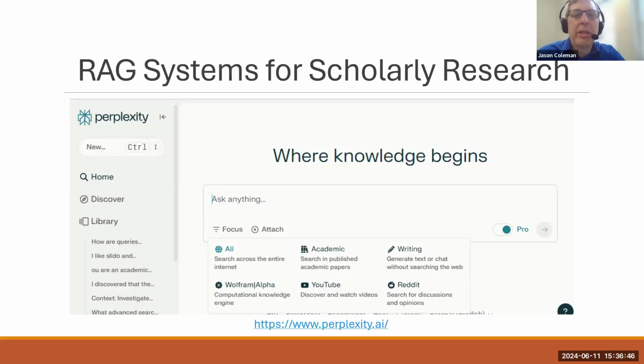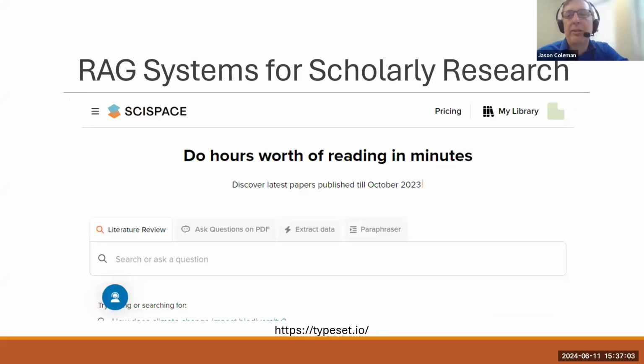I'm going to run really quickly through some of my favorite tools. I'm not going to say much about them, just give you a quick glimpse of what they look like, and you can delve into them later. And like I said, I will share the URL to my slides here in a second. This is Perplexity. We already talked about that.